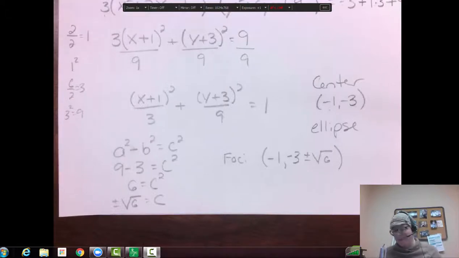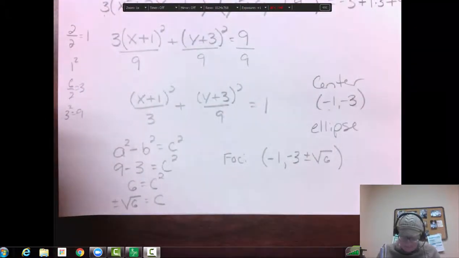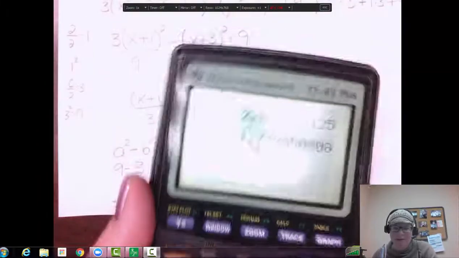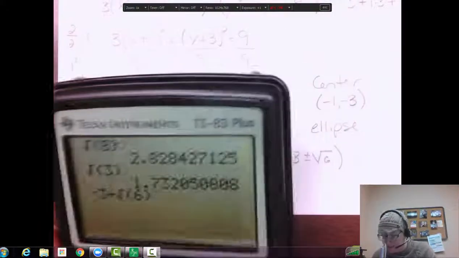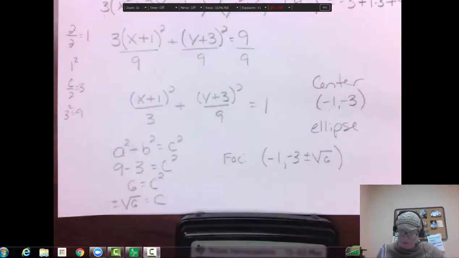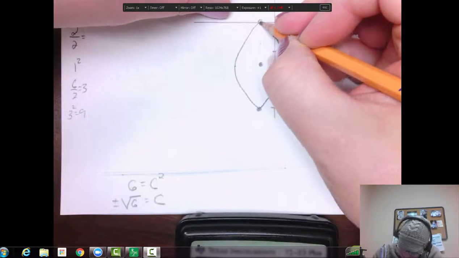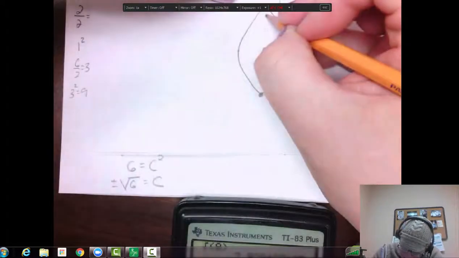So I could calculate that out. Let's do -3 plus the square root of 6 first, and I just put this in the calculator to see where it's at. It's at -0.55. Let's make sure this looks right. So we know we would be at -1, -0.55, which is about here.